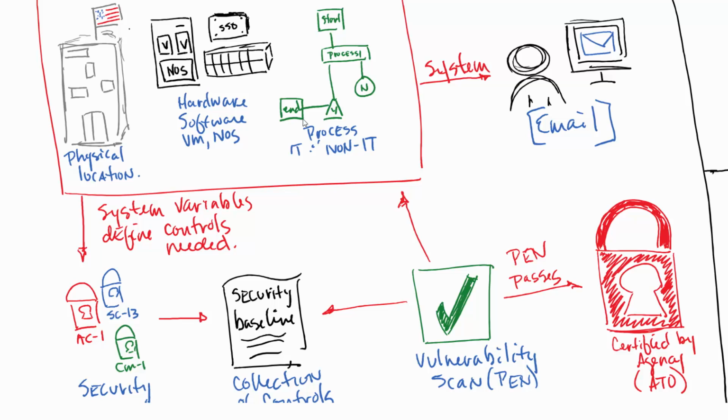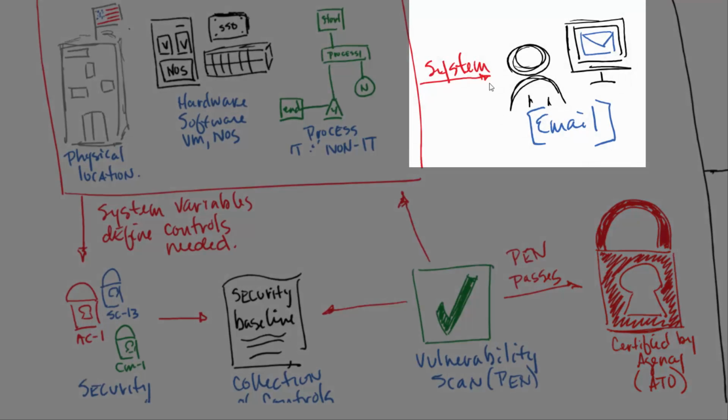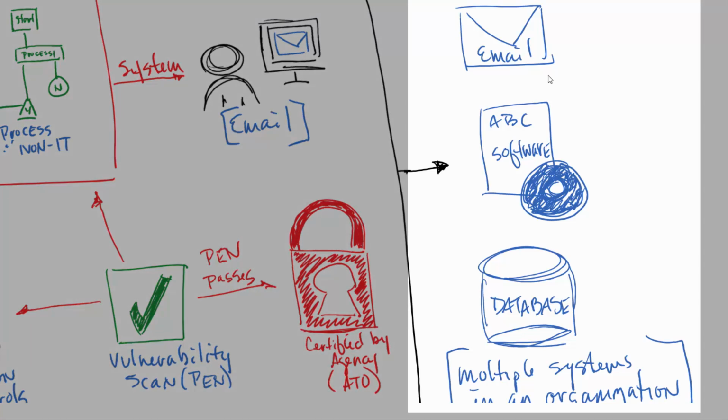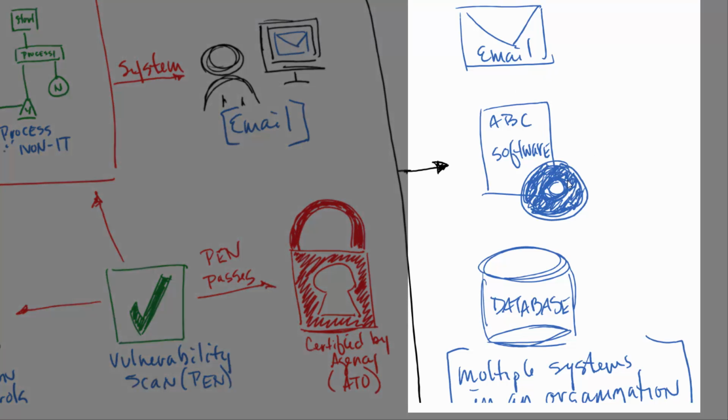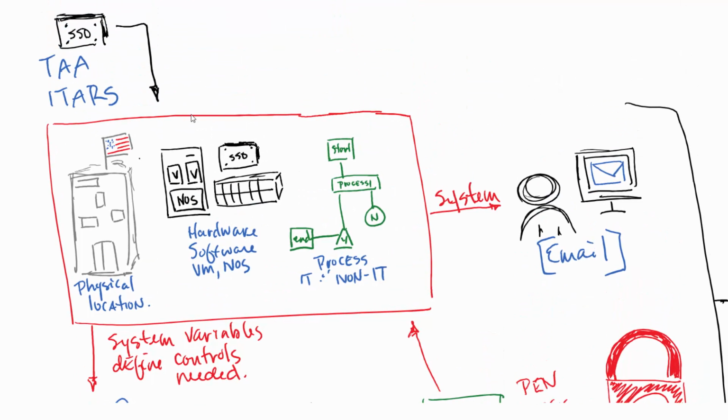So once this is in a state, then we get the ATO, and that's provided by the agency for the system that's providing email. And some other examples of ATOs may be software that you have or a database in the environment. All of these are authorizations built on this same concept: let's get a TAA and ITARs certified component.